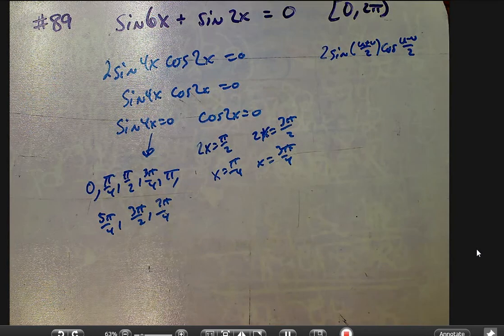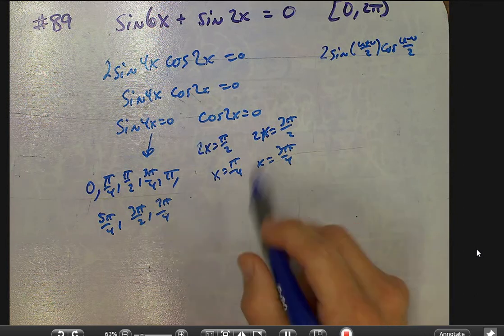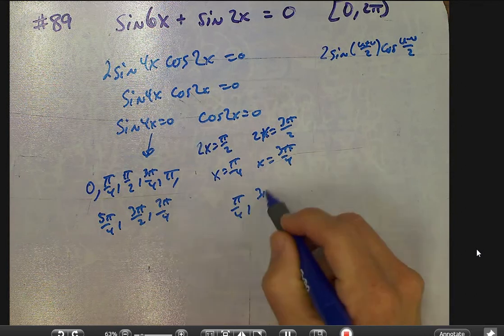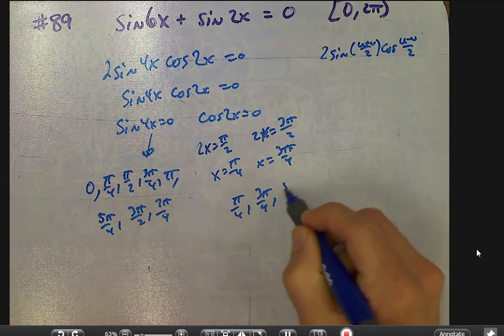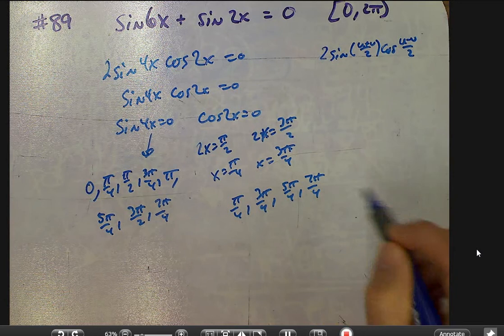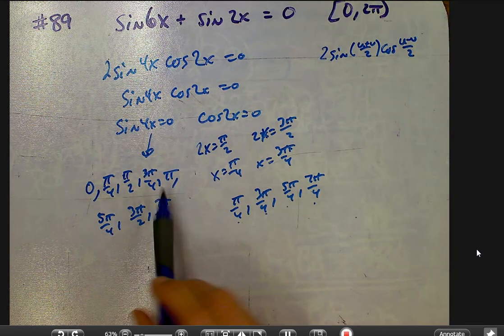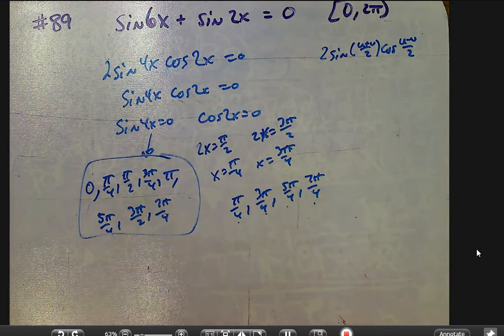As you can tell, this is going to repeat every half a pi. So it'd be pi over 4, 3 pi over 4, add another half, you get 5 pi over 4, add another half, you get 7 pi over 4. However, since all 4 of these appear over here, we only have to write them once, and there's my answers.